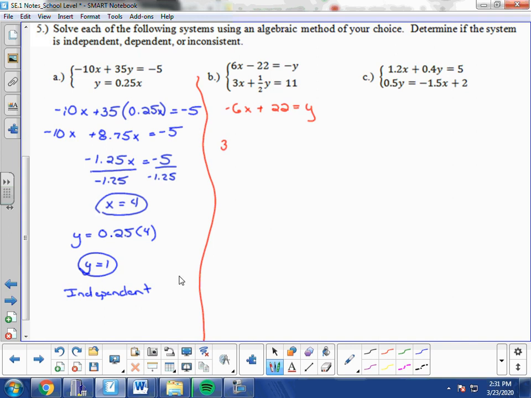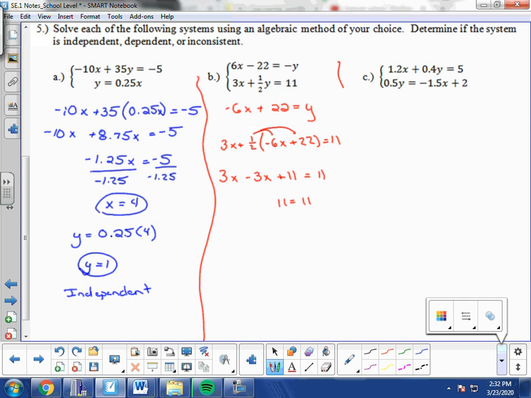So 3x plus 1/2 times, remember we want to put the negative 6x plus 22 in parentheses, equals 11. Distribute the 1/2, so 3x minus 3x plus 11 equals 11. 3x minus 3x is 0, so this simplifies to just 11 equals 11. This is a true statement, but it doesn't tell us anything about x and y.